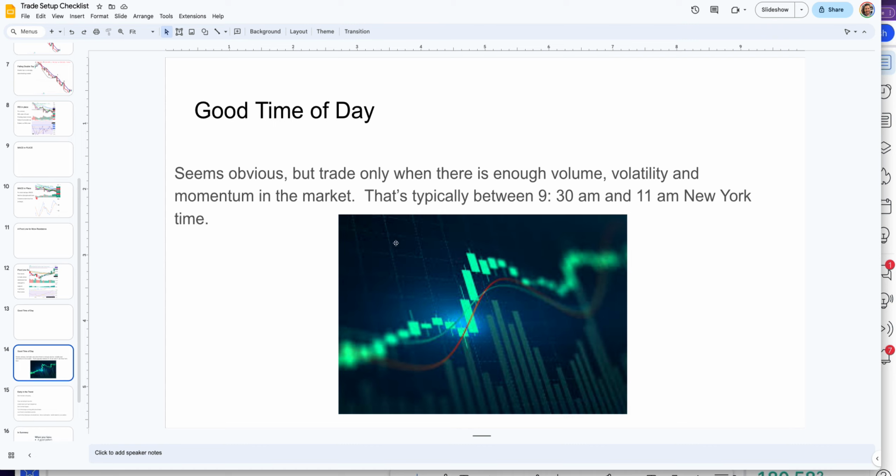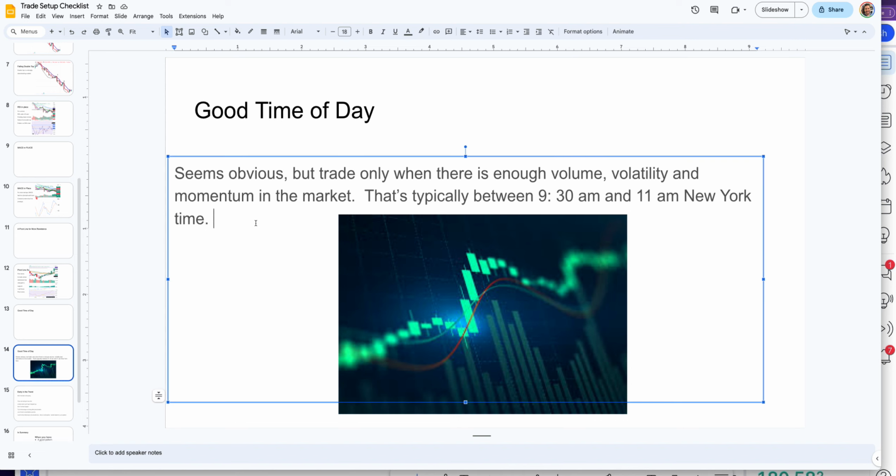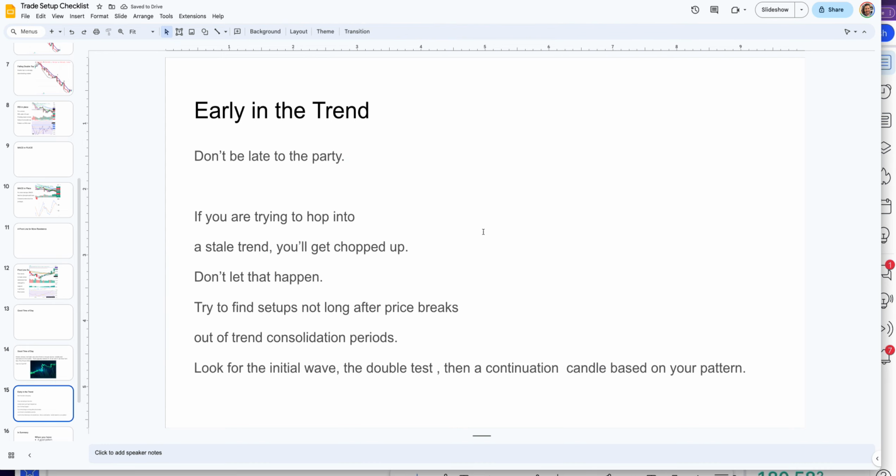It seems obvious, but for New York, you really want to have that volatility, and that's going to be between 9:30 and 11 New York time, plus the power hour, which is 3 p.m. to 4 p.m. New York time. Just make sure you're trading in a good time of day that supports what you want to do.